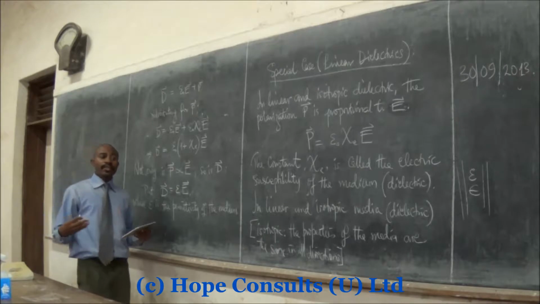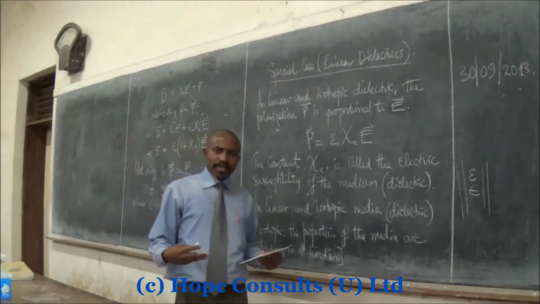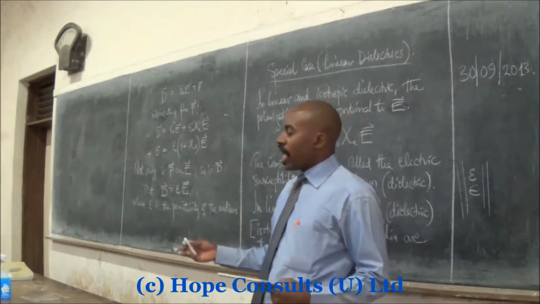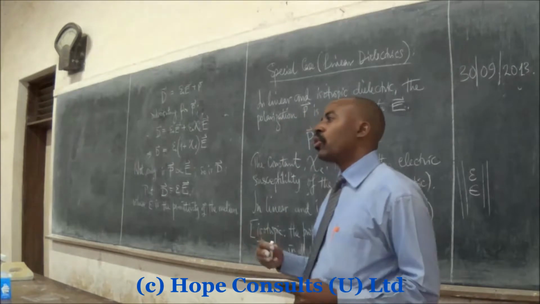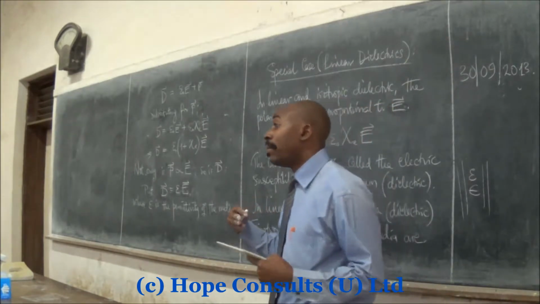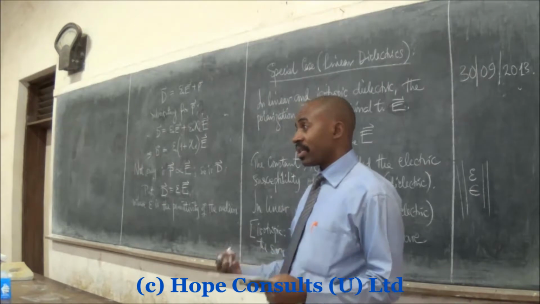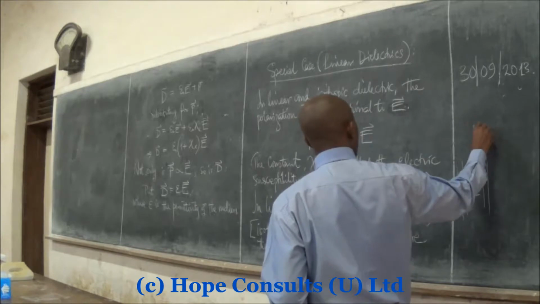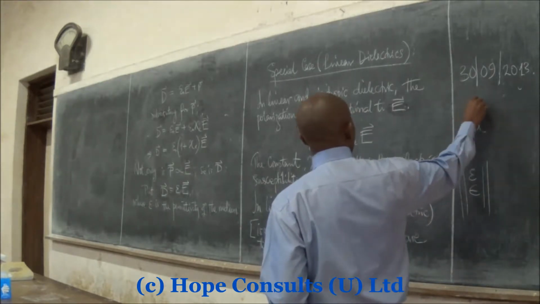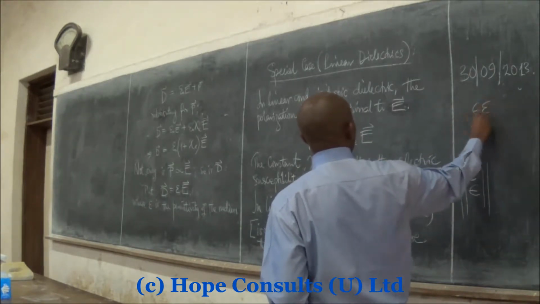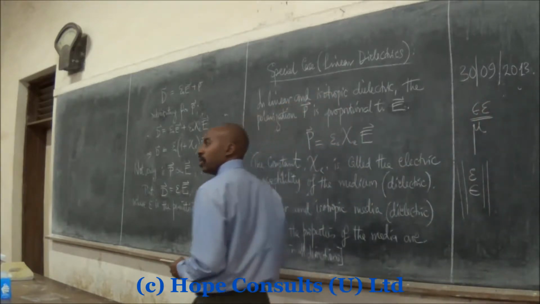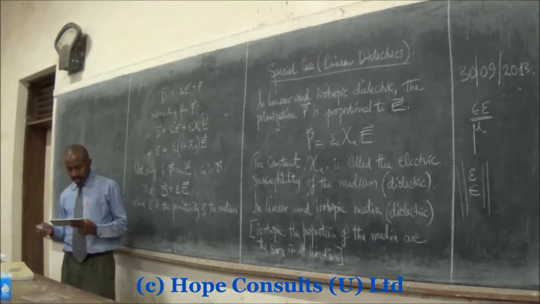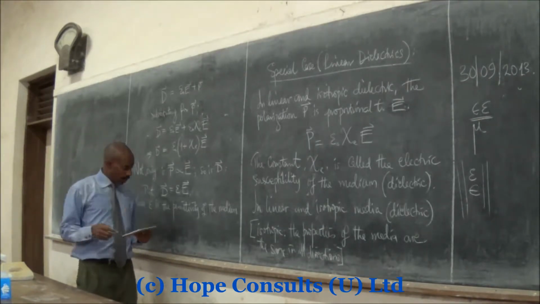Permittivity means how a material permits electric fields to go through it, whereas when it is allowing magnetic fields to go through it, we talk of permeability, mu. If it is free space, then we talk of epsilon naught, which is the permittivity of free space.